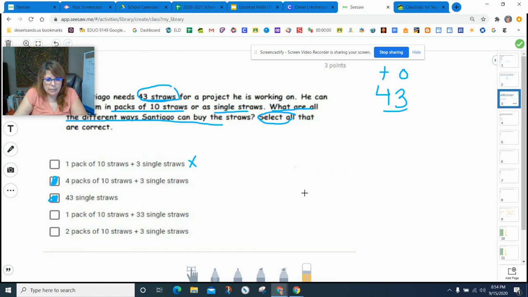So now my next choice says 1 pack of 10. So I'm going to draw 1 pack of 10. Oh, let me get my pen. 1 pack of 10 and then 33 singles. Now 33 singles, I'm going to go 1, 2, 3, 4, 5.